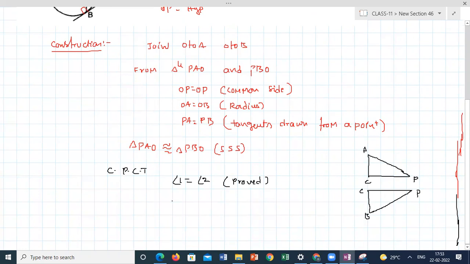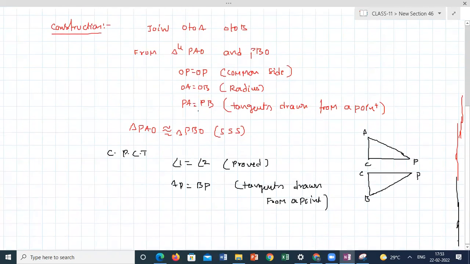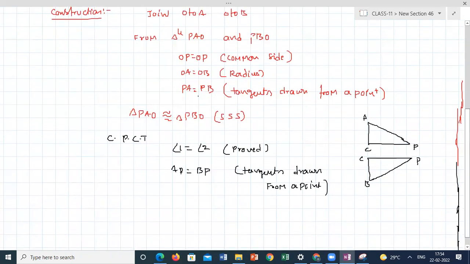AP is equal to BP, tangents drawn from this point. Next, one more is required to prove it is congruent. What is one more? I'm taking PC is equal to PC, common side.